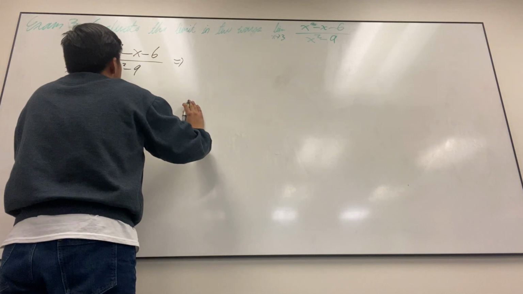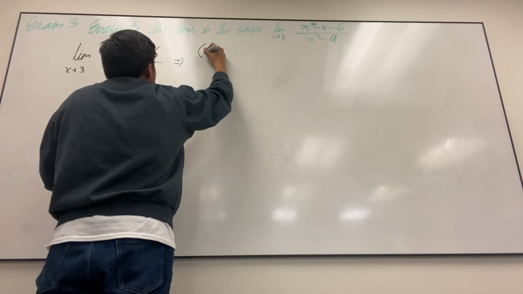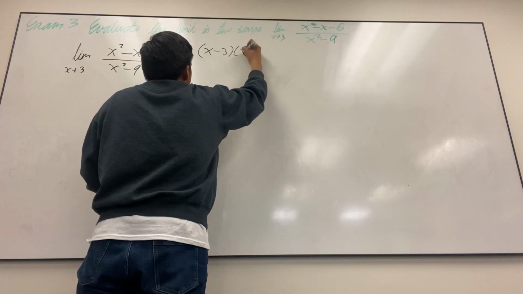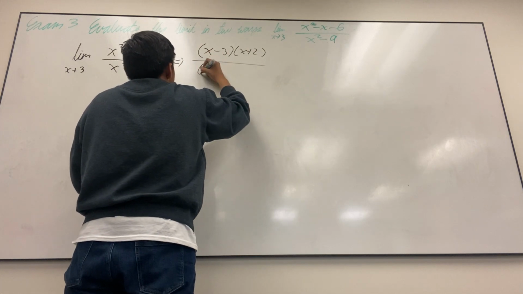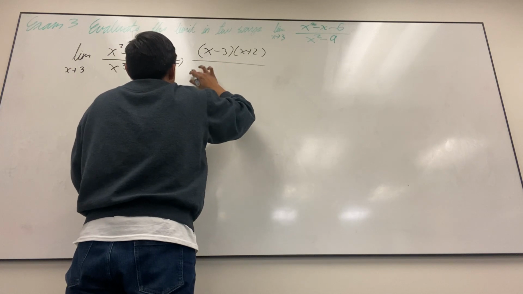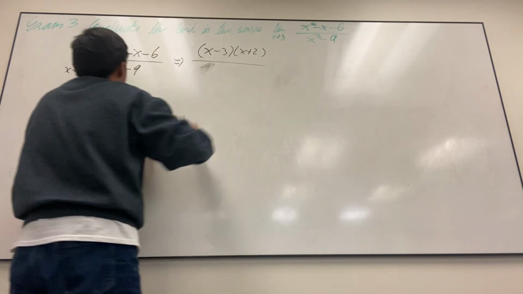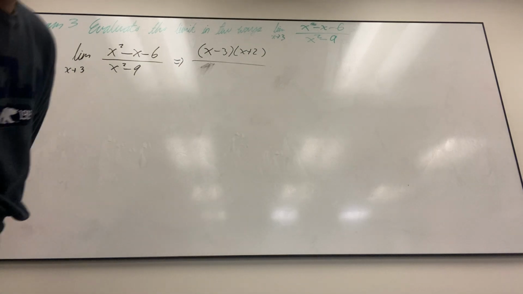So this would be x minus 3 and x plus 2 over, let's see, x squared minus 9. Let me double check.